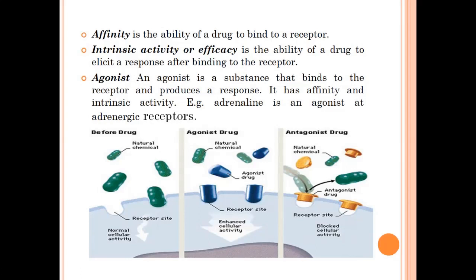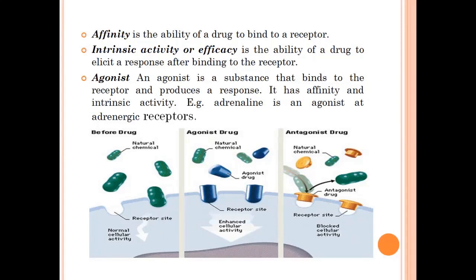Next we see agonist. An agonist is a substance that binds to the receptor and produces a response. It has affinity and intrinsic activity. Example, adrenaline is an agonist at the adrenergic receptors. So here we can see the image.